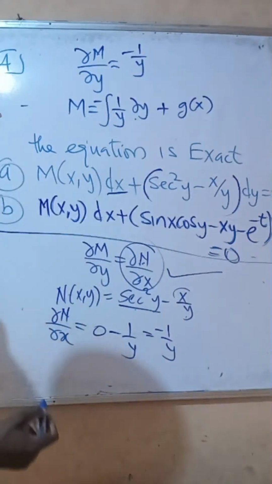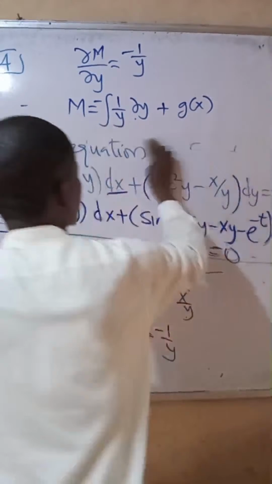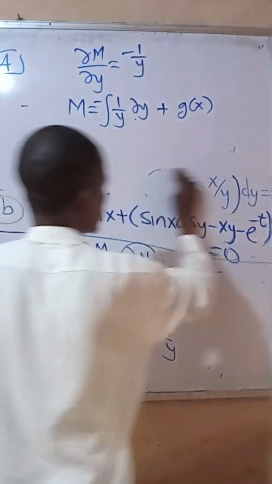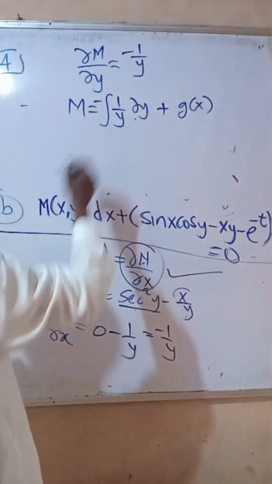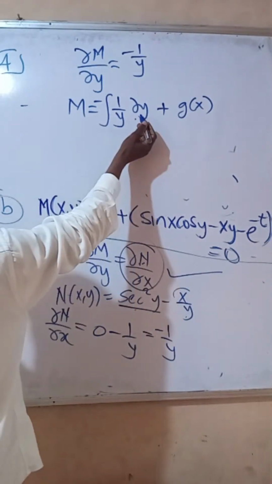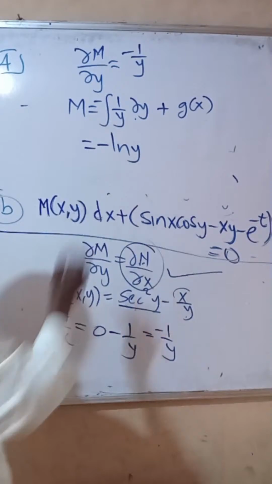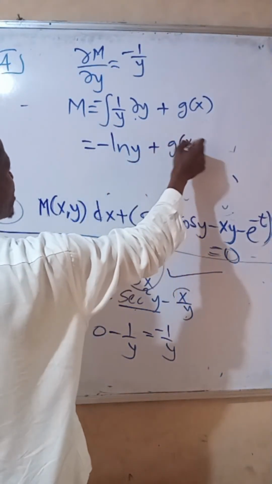That's the arbitrary constant. So the final conclusion is to get the integral of 1 over y with respect to y, which will be minus natural logarithm of y, plus g of x.